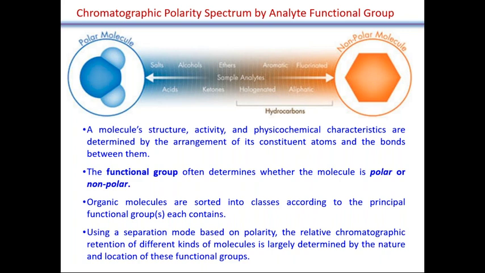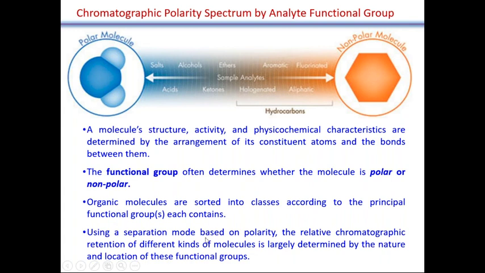So if you look at the aliphatic molecules, such as the aromatic hydrocarbons, the halogenated hydrocarbons, the aliphatic hydrocarbons, and things, these are all highly non-polar. Whereas if you look at molecules such as acids, alcohols, salts, compounds having OH, COOH, and things, these are all polar molecules.